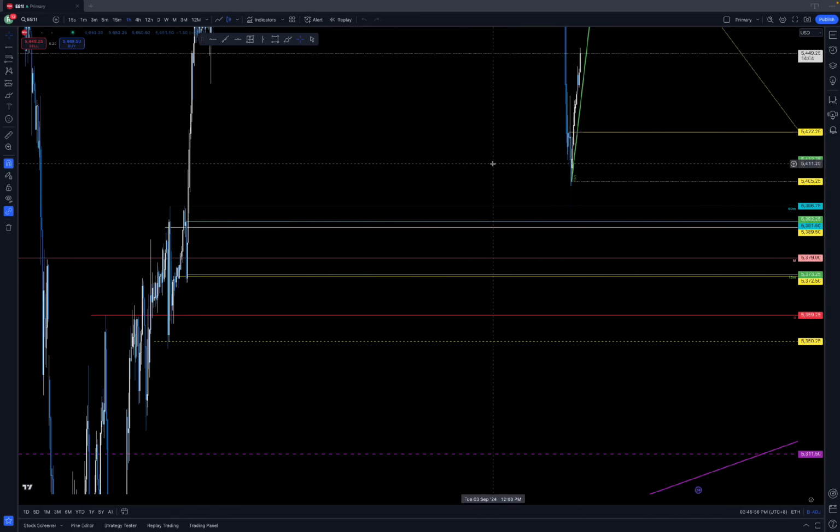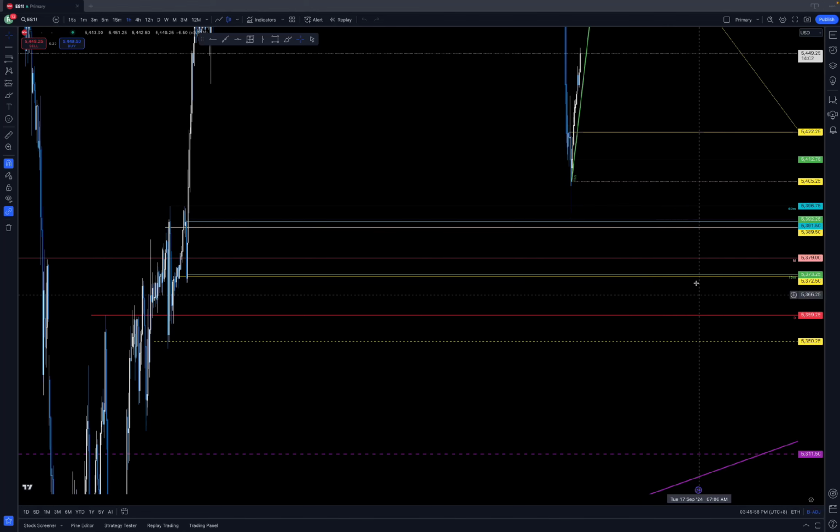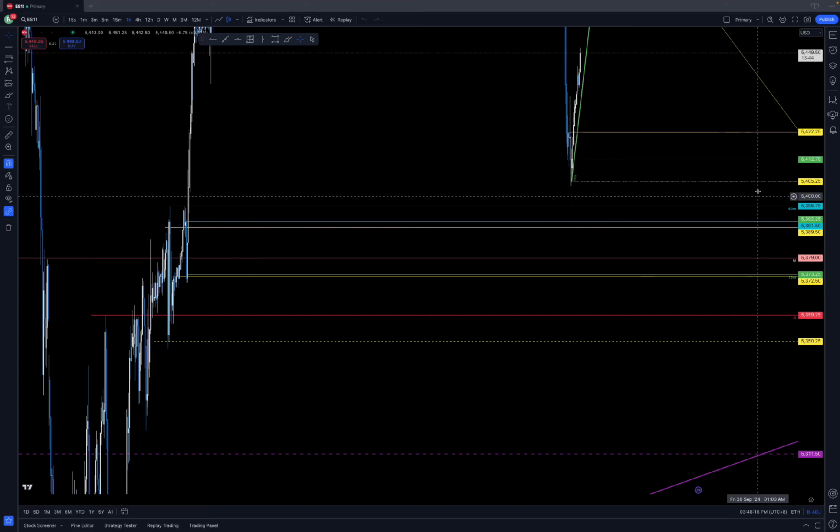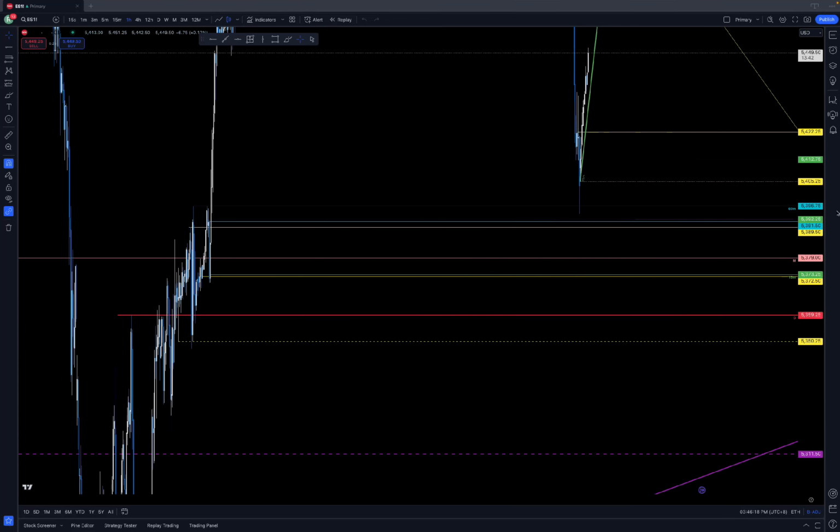Come down, maybe test this, get back above it, test something lower again, get back above it. I think we have these few levels here left over to hold it above the monthly. If those don't and we start to get below the monthly, you have a 15 down here and this 4 there. That could also give it a chance to move up. So we have a few chances here.